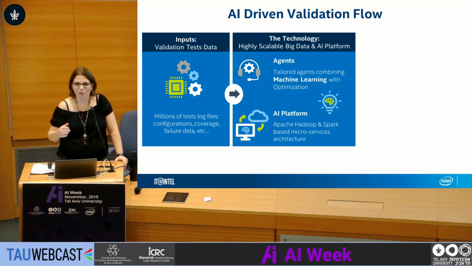Then we ingest the data into our big data platform. Our platform is on-premise at Intel, based on the Hadoop and Spark ecosystem. In this platform, we deploy various agents.